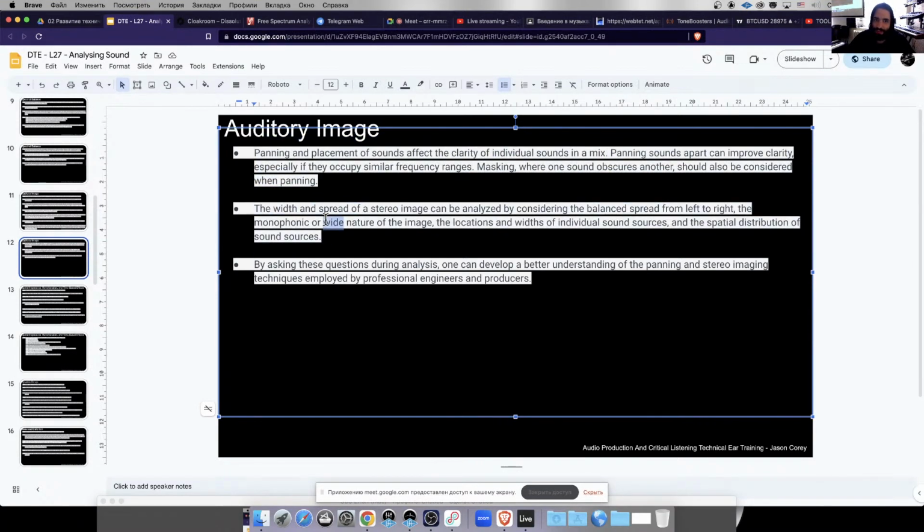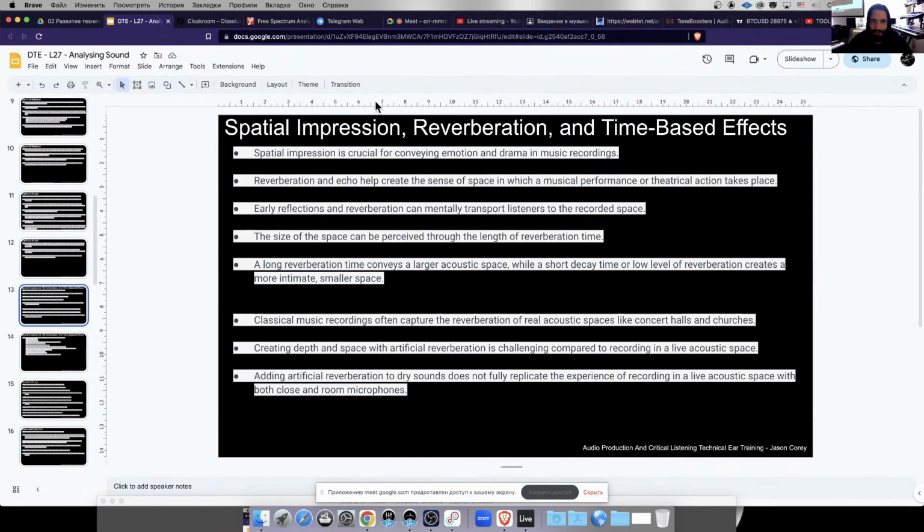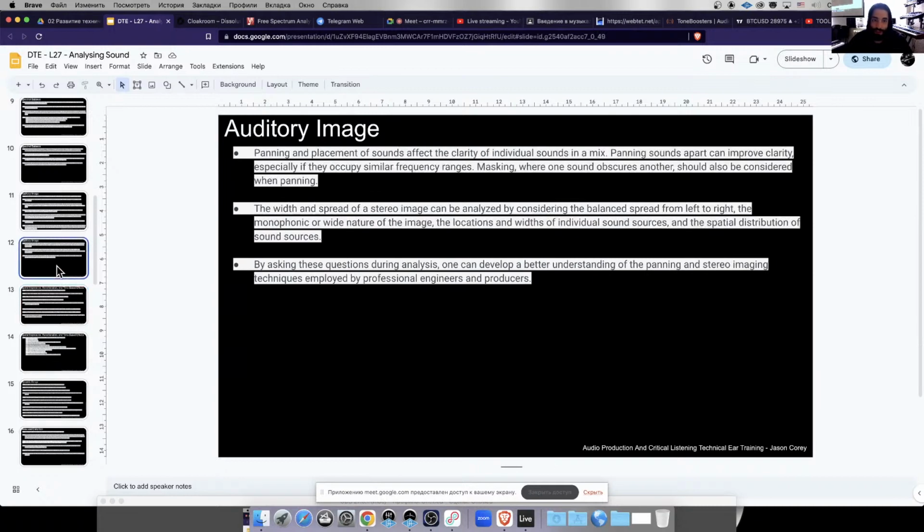The width and spread of a stereo image can be analyzed by considering the balance spread from left to right, the monophonic or wide nature of the image, the locations and widths of each individual source sound, and the spatial attribution of sound sources. These questions can help you understand the spatial impression a little better. Sorry, that was about auditory image.